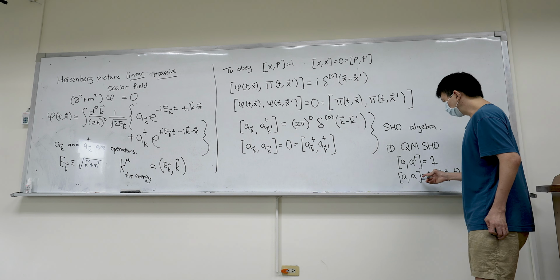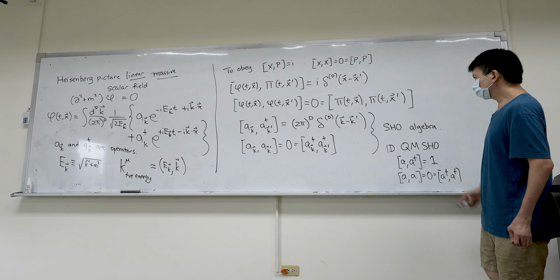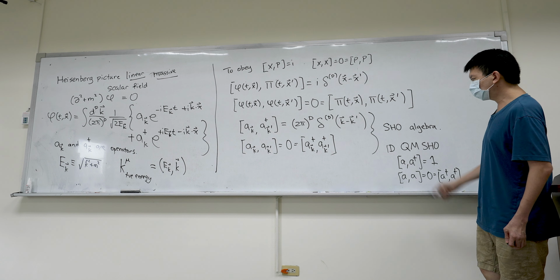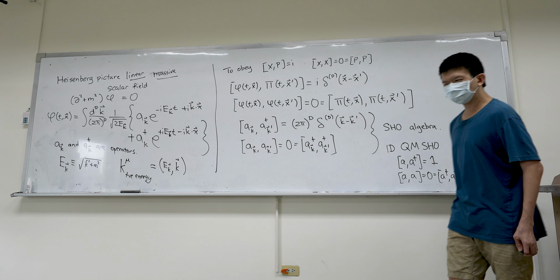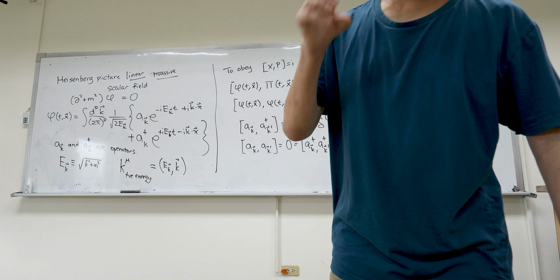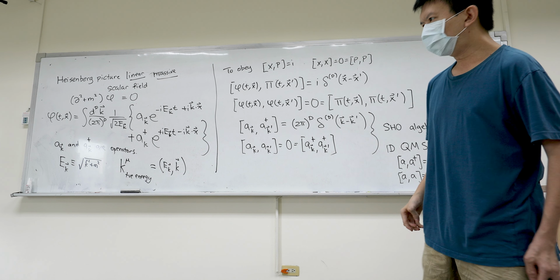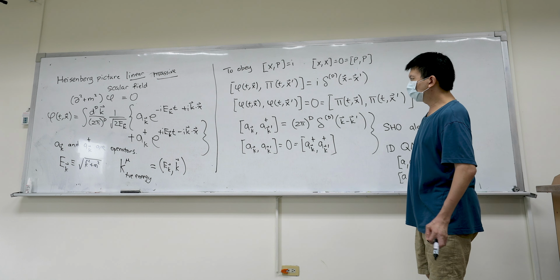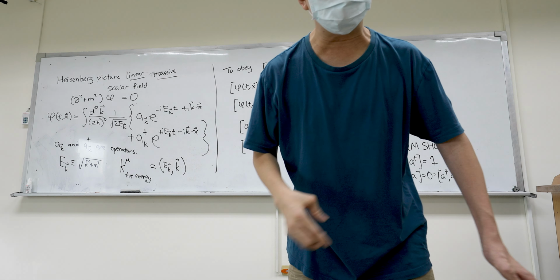So the AA commutator is 0, and therefore A dagger should commute with itself. What's not trivial in the quantum mechanical simple harmonic oscillator case is that A and A dagger do not commute. Think about that as holding for a single momentum mode. The replacement for this is a delta function, because it's a continuum. So it's not 1 anymore, but a delta function.